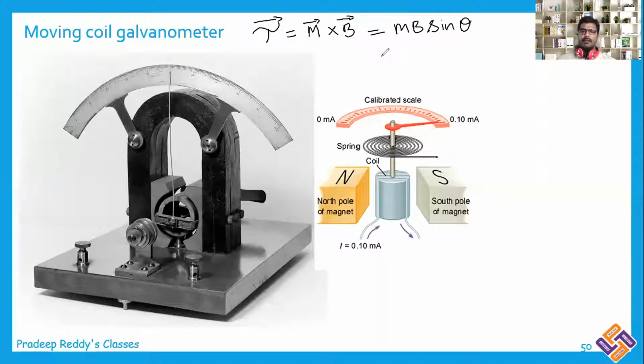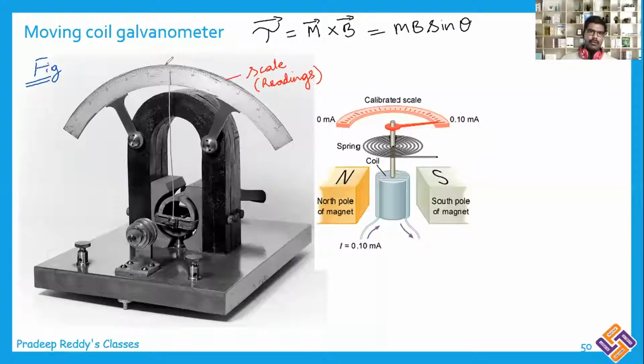The practical structure of the moving coil galvanometer is shown in this figure. This is the practical picture of the moving coil galvanometer. Now we have a scale, and upon this scale there are some readings. You are able to see these are the readings, and this is 0.